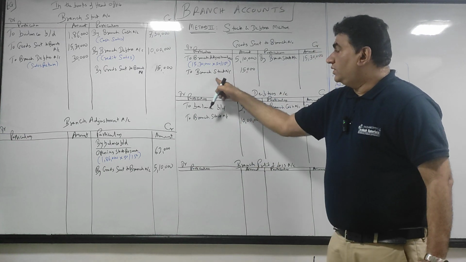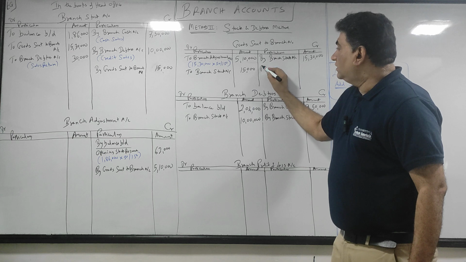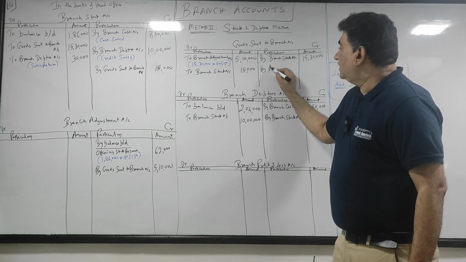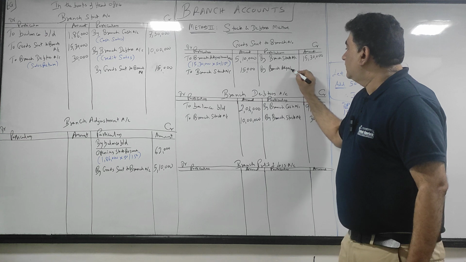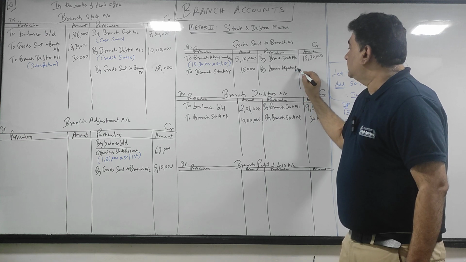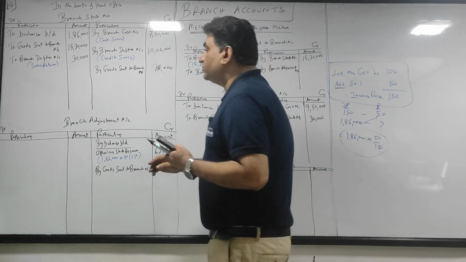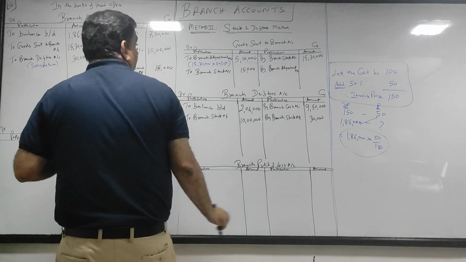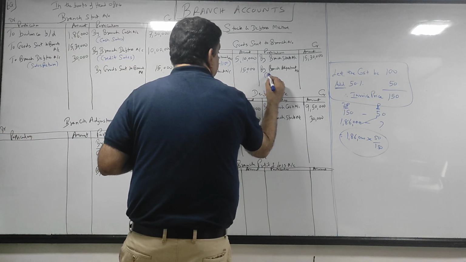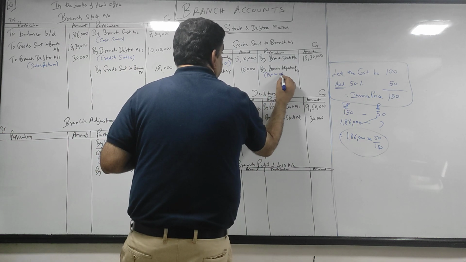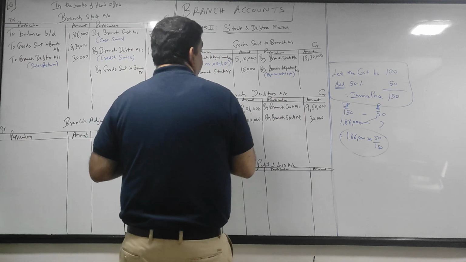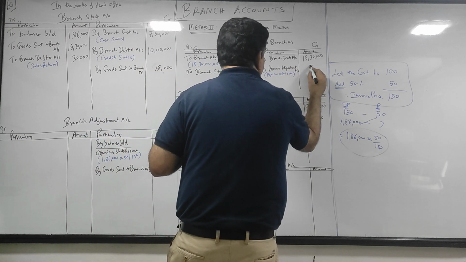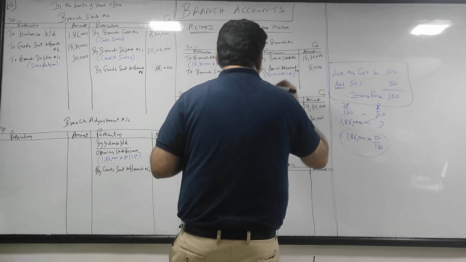So what I'll do? To branch stock, now I will write there by branch adjustment account, and we will show the calculation here. 15,000 into 50 upon 150, that is 5,000.